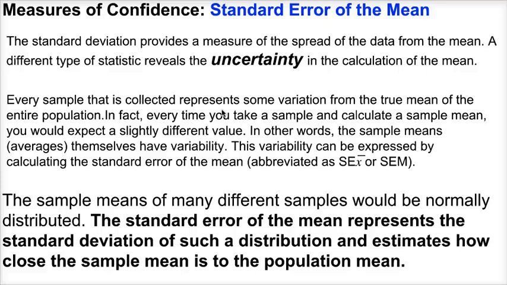So the standard error of the mean is nothing more than a standard deviation of all the possible means or averages that could happen by people taking different samples. The sample means of many different samples would normally be distributed.